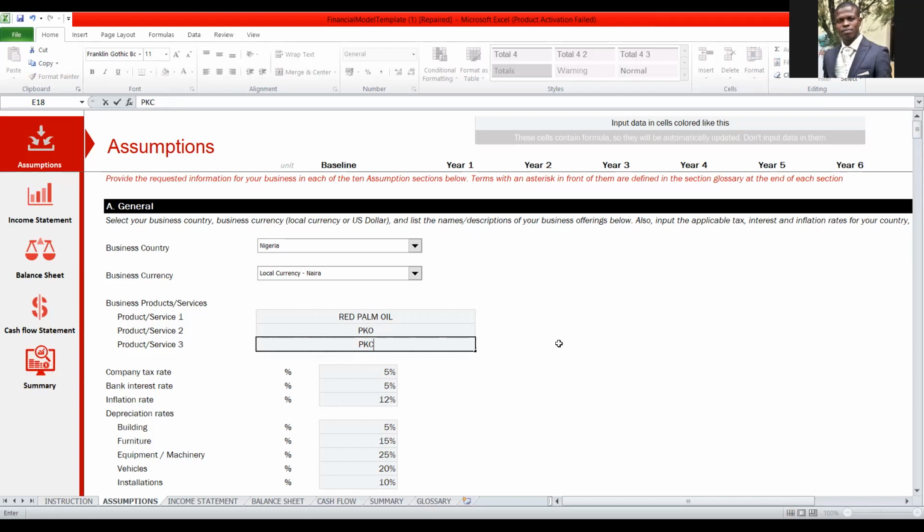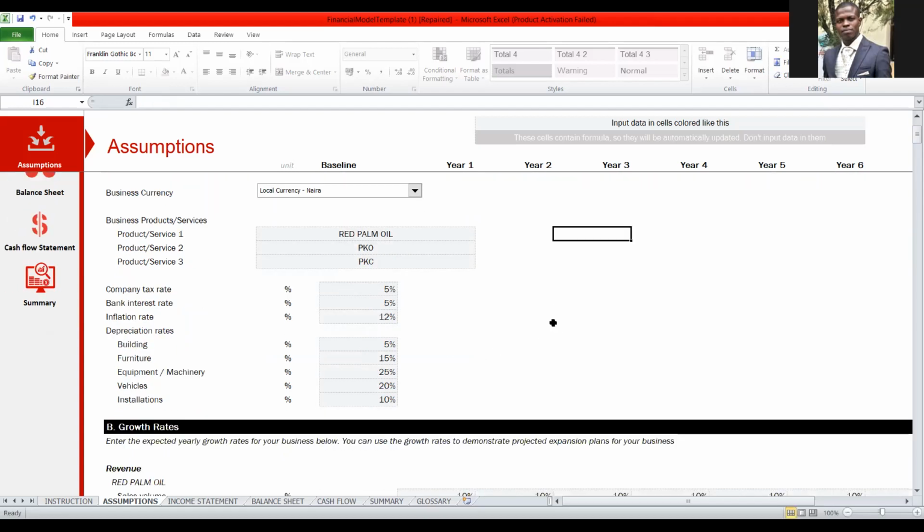So 3 products the person will be producing: palm kernel oil, red palm oil, and palm kernel cake.